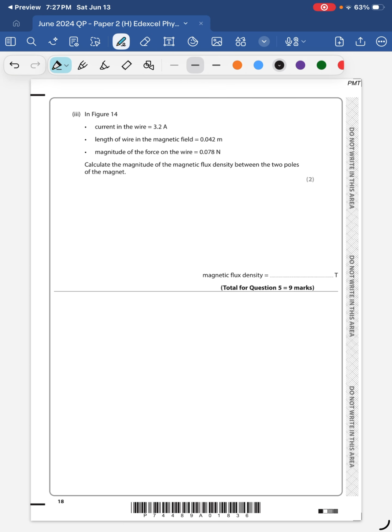In figure 14, the current in the wire is 3.2 amps. The length of the wire in the magnetic field is 0.042 meters, and the magnitude of the force on the wire is 0.078 newtons. Calculate the magnitude of the magnetic flux density between the poles of the magnet. So we're going to use F = BIL. I don't know if they teach it to you that way. So F is equal to the magnetic flux density times the current times the length.